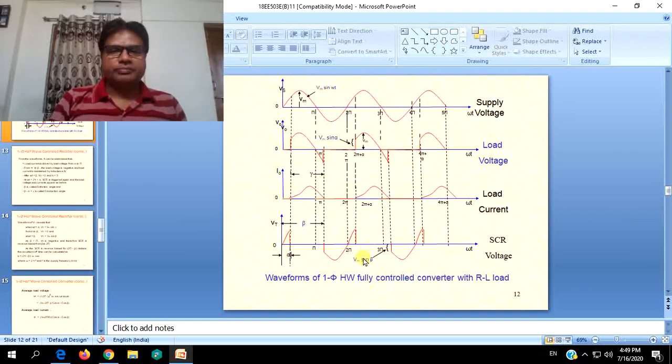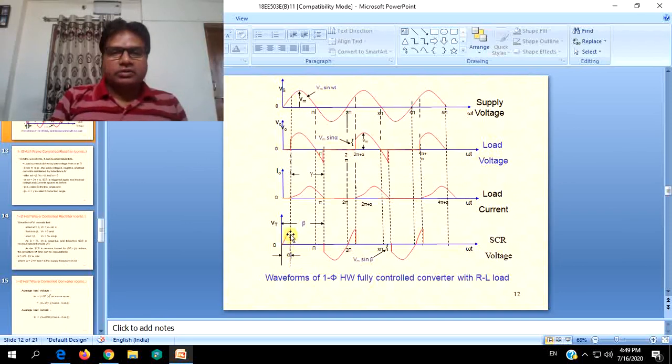The SCR voltage VT will also be the same. Before alpha, that is from 0 to alpha, the SCR will be blocking the full supply voltage, so VT will be equal to Vs.